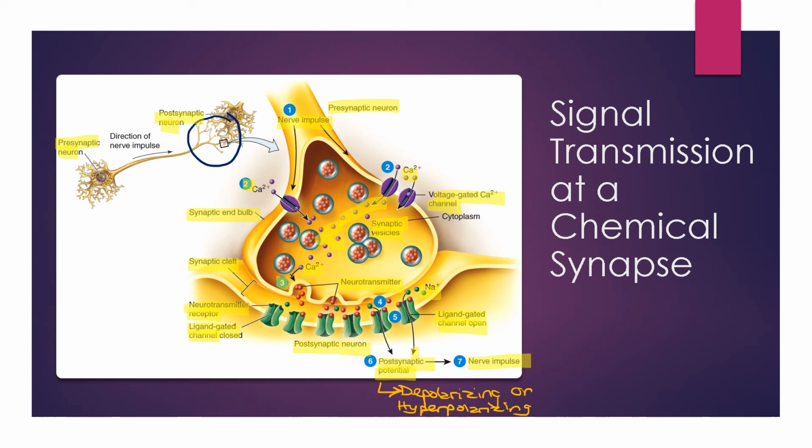However, there are other cases where these ligand-gated channels are going to be chloride channels, or they may be potassium channels. If either of these open and either allow chloride into the postsynaptic neuron or allow potassium out, this would cause hyperpolarization.